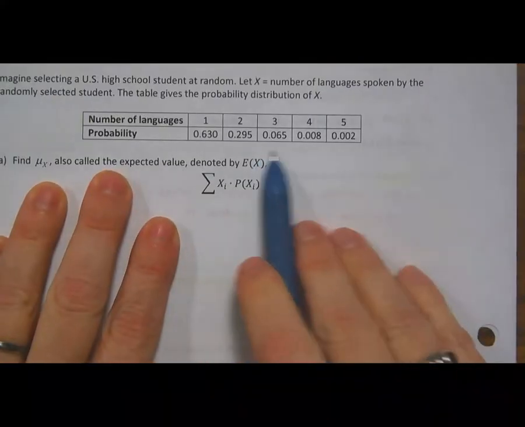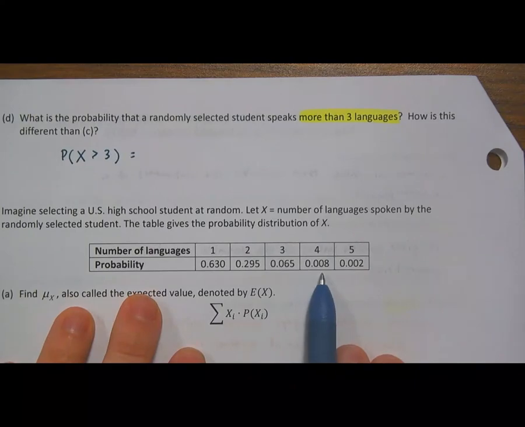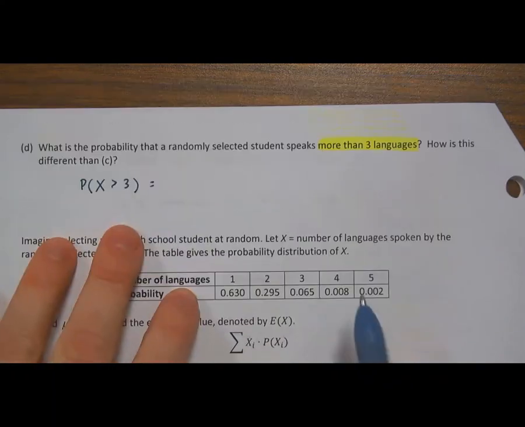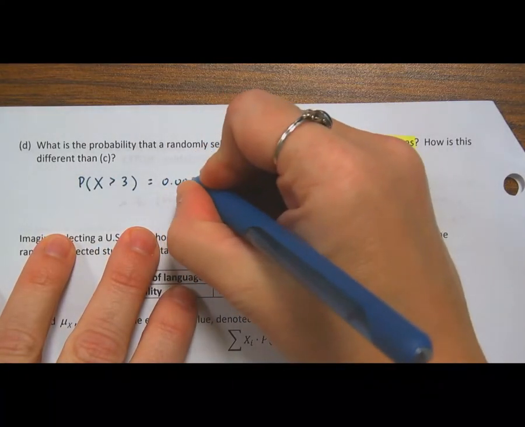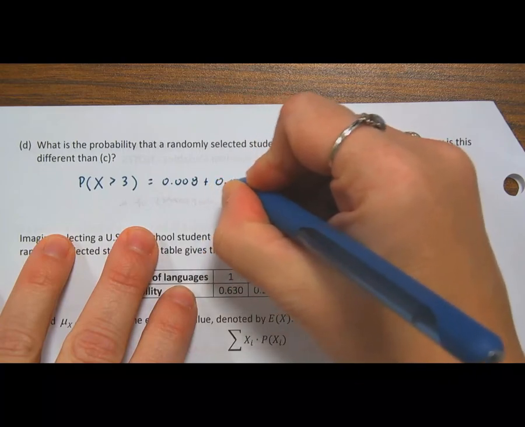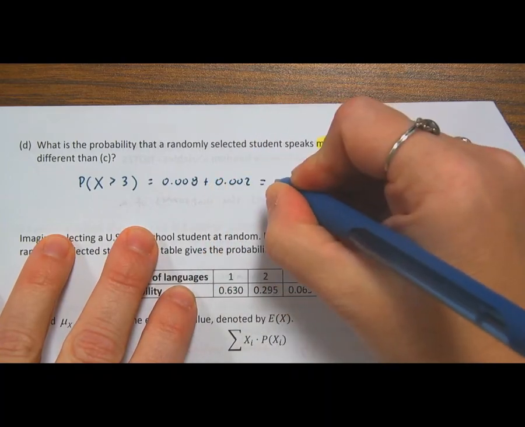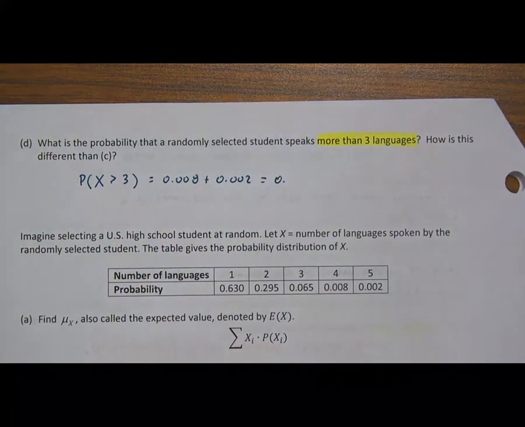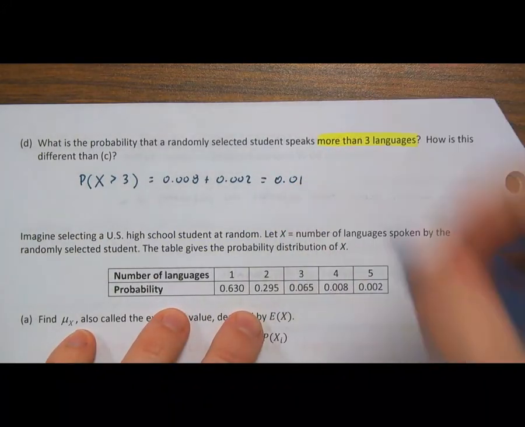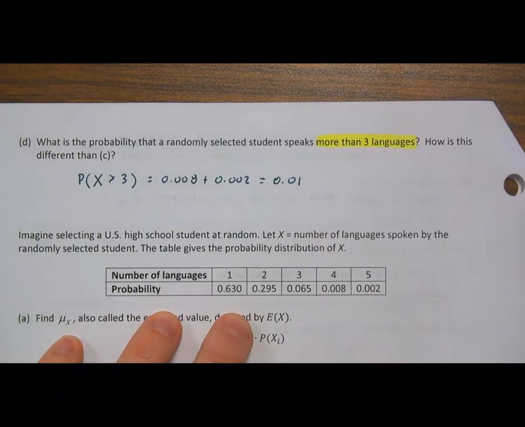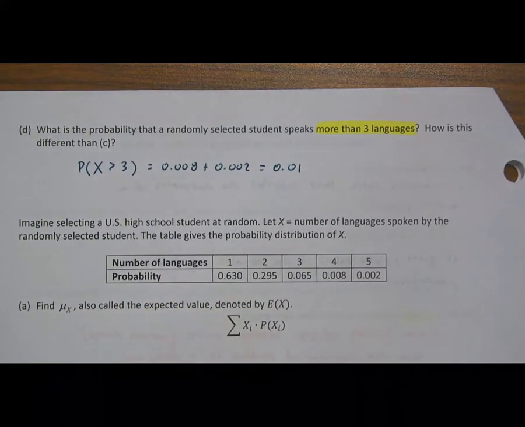I copied it and pasted it here for you so you don't have to flip back. So we're just adding the 4 and the 5 probabilities together. And I think I have it written incorrectly in the Schoology notes. I have 0.1 in there, but it's 0.01.